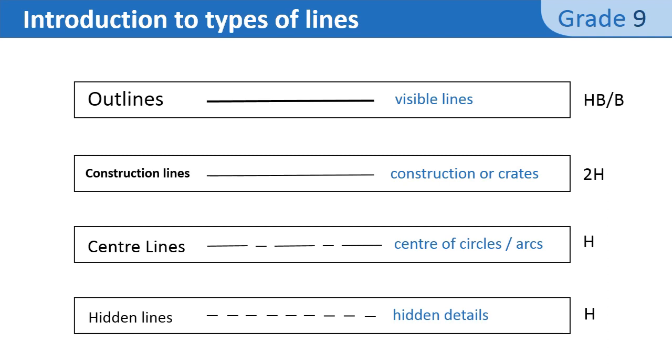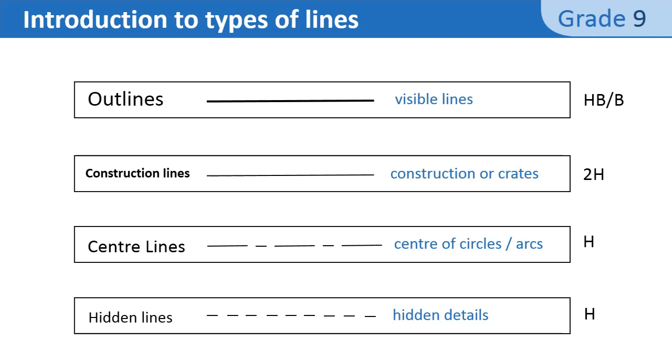Of course, you have different tones and pencil grades for these types of lines. For outlines you can use HB, B, or sometimes even 2B, 2H for the construction lines, H for the center lines and the hidden lines.